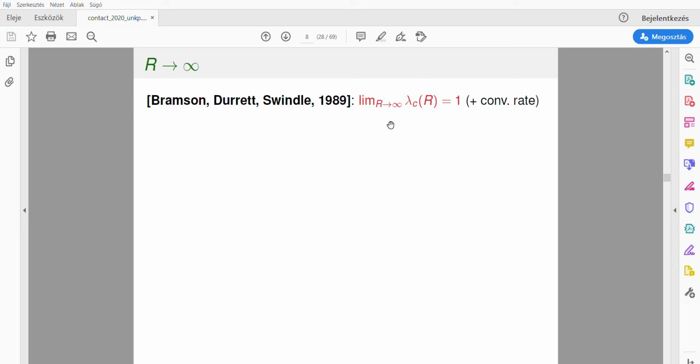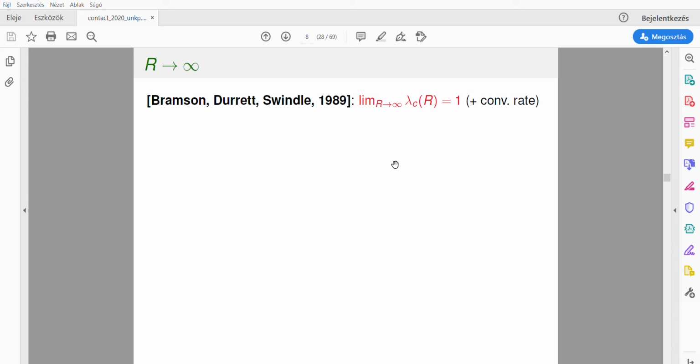But on the other hand, if you take any lambda strictly less than 1, and you take the range big enough, then the upper invariant measure is going to be trivial.